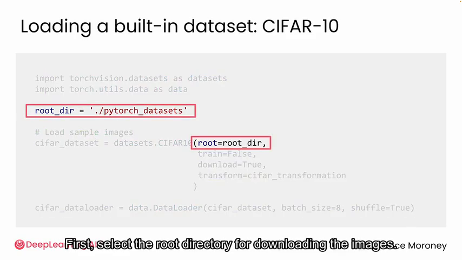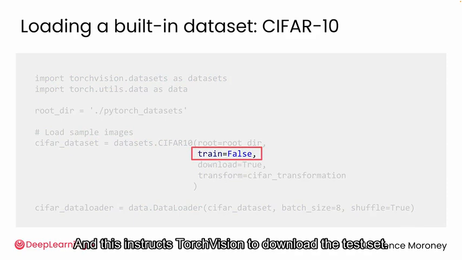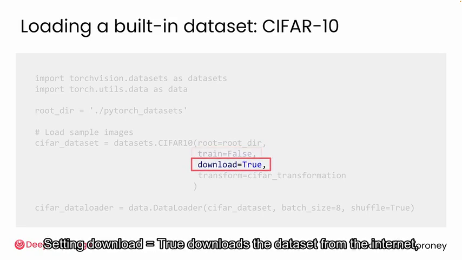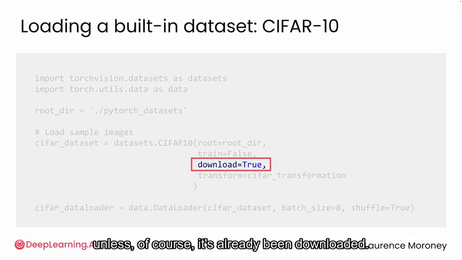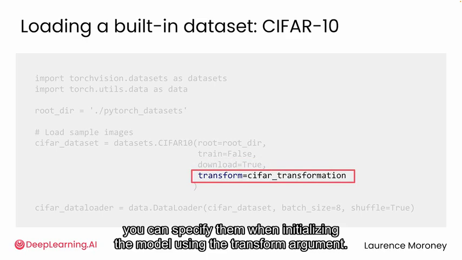First, select the root directory for downloading the images. Set train equal to false, and this instructs Torch Vision to download the test set, otherwise it'll use the training set. Setting download equal to true downloads the dataset from the internet, unless of course it's already been downloaded. If you know which transforms you want to apply, you can specify them when initializing the dataset using the transform argument.